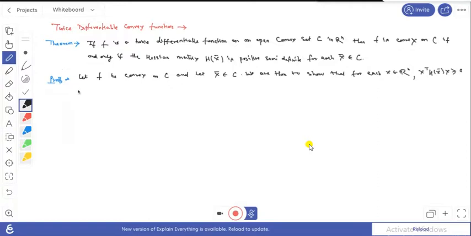Okay, so since C is an open convex set, there exists a theta such that for any x which belongs to Rn, x bar plus theta of x is also belonging to that set C. Okay.